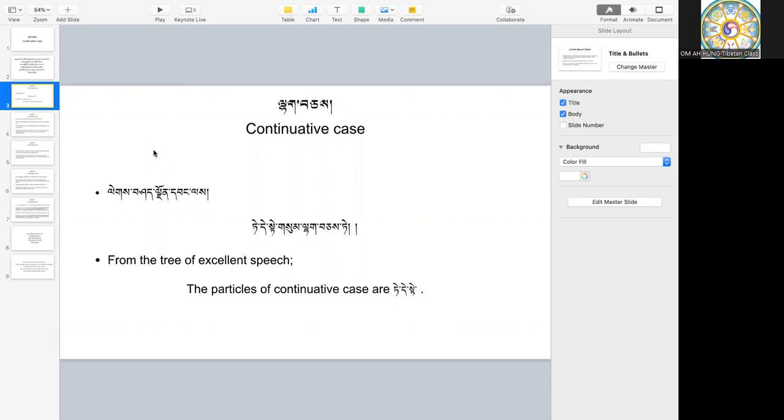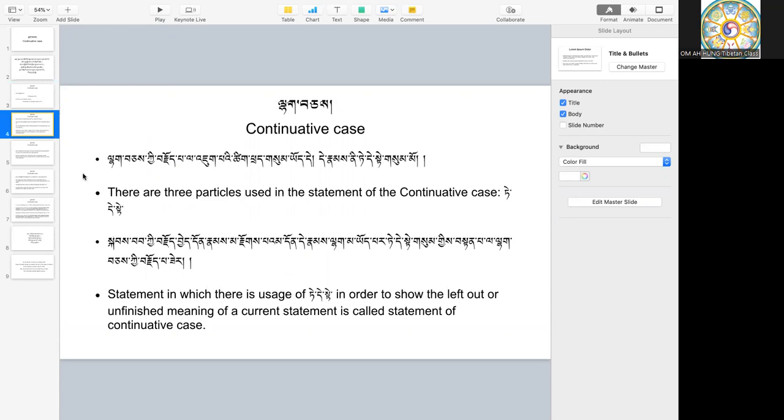From the tree of excellent speech, the particles of continuative case are te, te, te. Here we are just elaborating on that particular line.